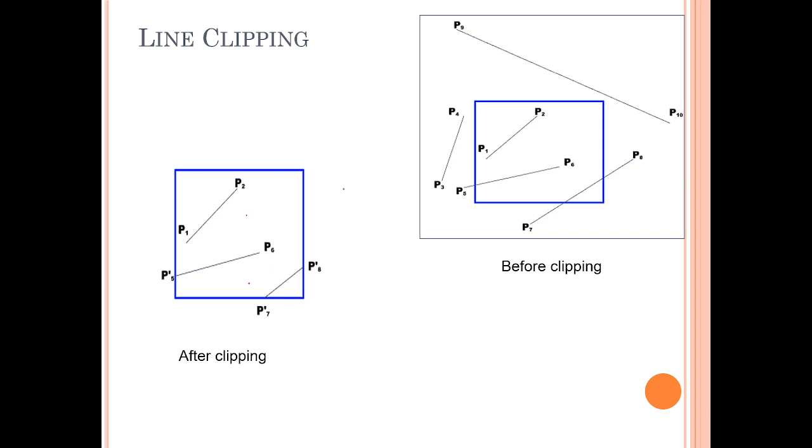Before going further, we check: P1, P2 inside the window; P6, P5 some part outside of the window and some part inside of the window; P4, P3 completely outside of the window; P7, P8 some part outside of the window and some part inside of the window; then P9, P10 completely outside of the window. When we apply the line clipping algorithms, then we can get this one.